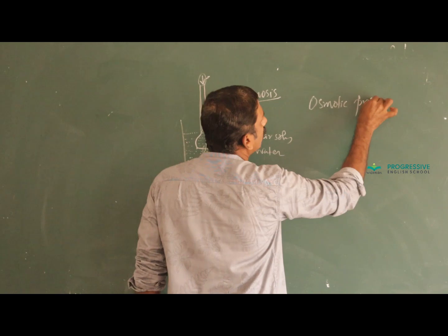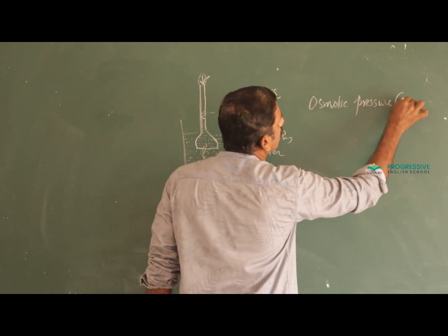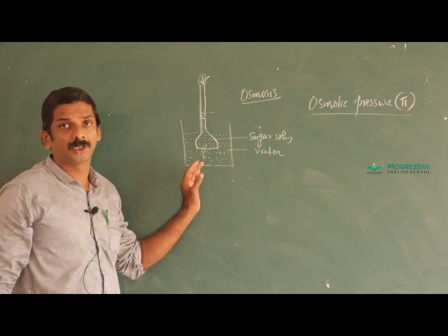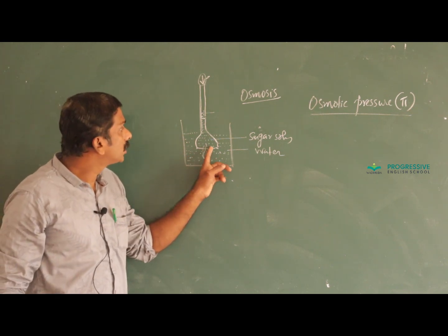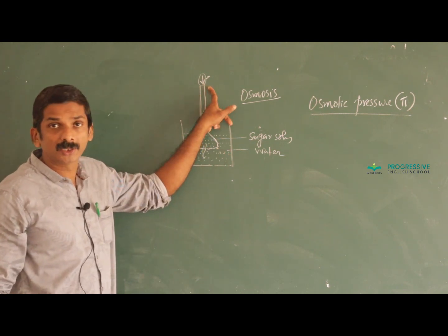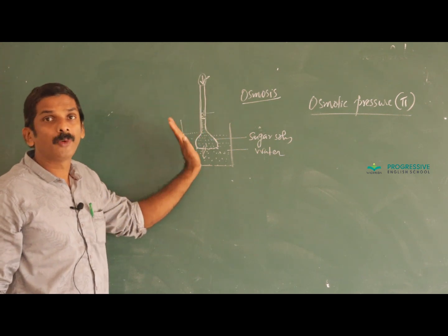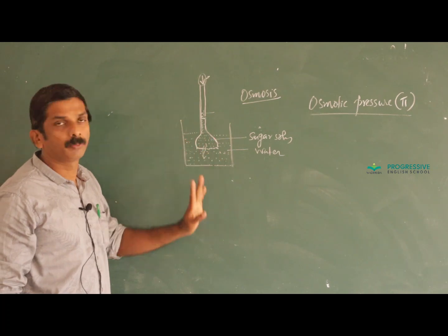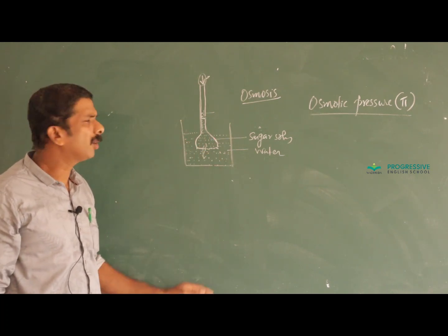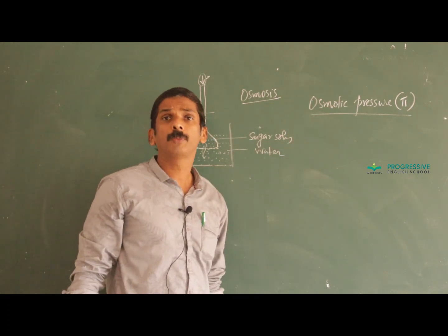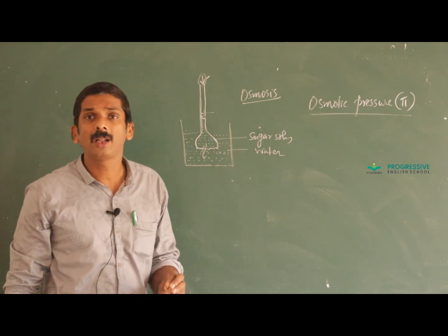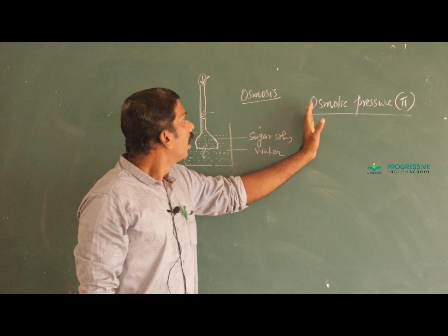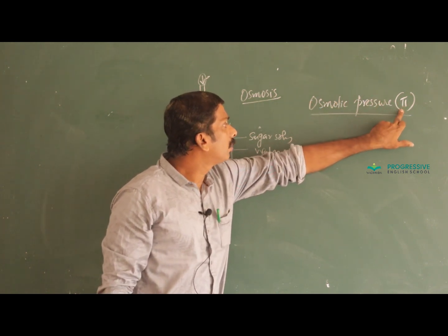Osmotic pressure is the minimum external pressure that must be applied to the solution side to prevent osmosis. That is called osmotic pressure. One of the methods for calculating osmotic pressure is the Berkeley-Hartley method, which is not included in our syllabus. And osmotic pressure is usually denoted by the symbol pi.